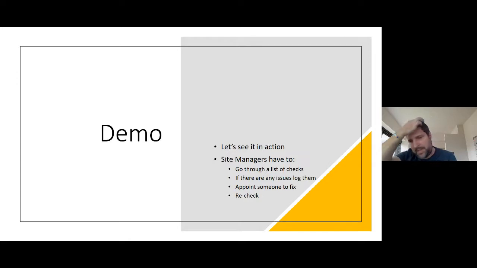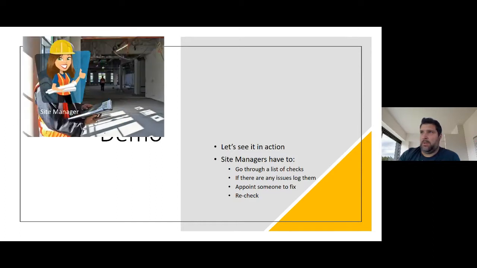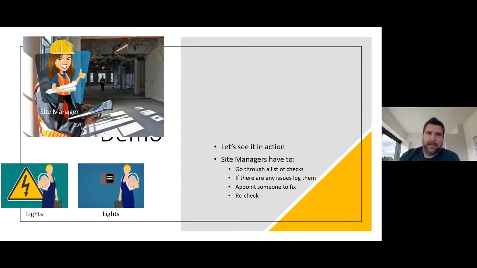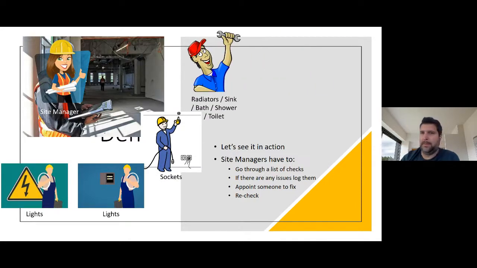So we're going to simulate that. When you have a Power BI report, obviously you can see data about it, but you can't add anything. So this is what we're going to do. We're going to have a site manager going on site, and if there are any issues with the lights, they are able to put some notes and call the electricians to check the sockets or the plumbers.